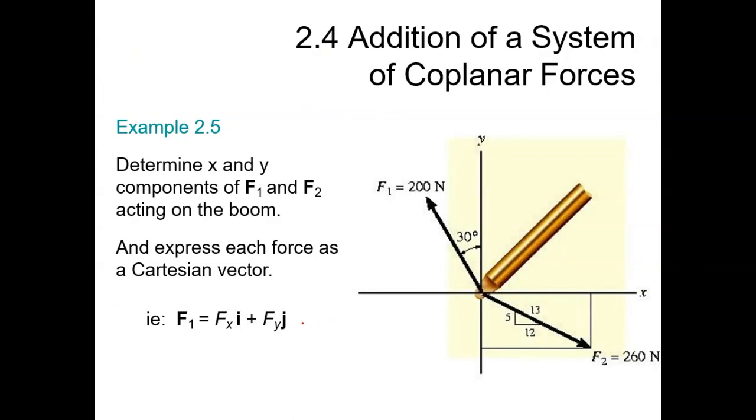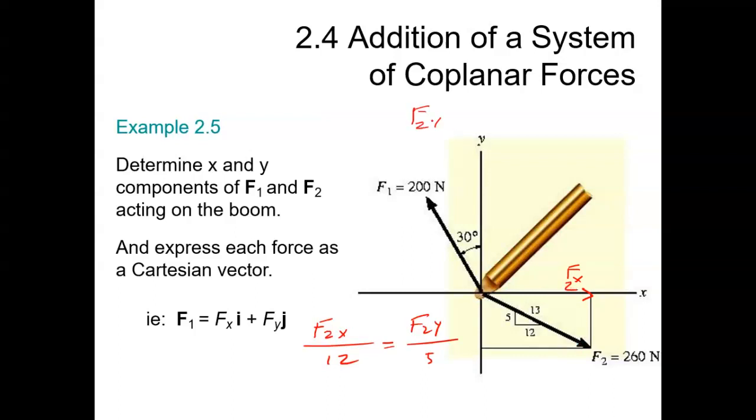So here I can easily say F2x divided by 12 is equal to F2y divided by 5, right? Or even if I know the magnitude of F2 and I want to find F2x, how do I find it?